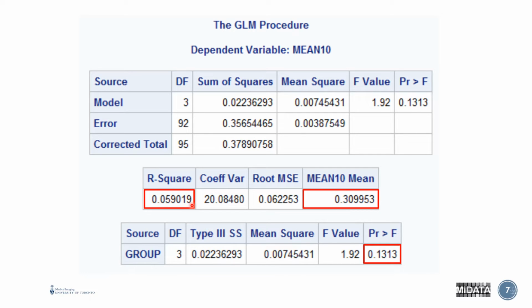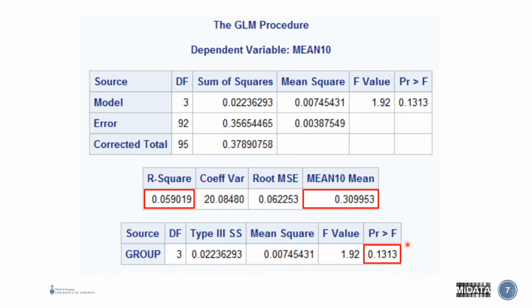So that means that your model is really not a good fit. It's shown here by the p-value for your model, which is not significant. If you look at the mean of your outcome, your reaction time is going to be 0.3.